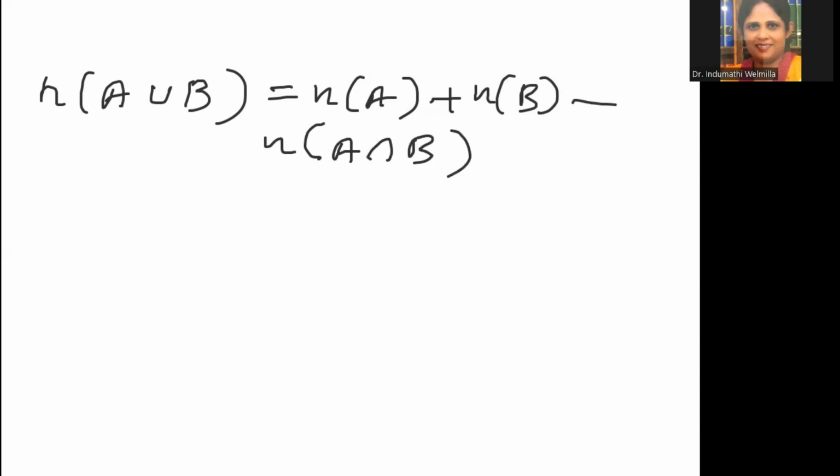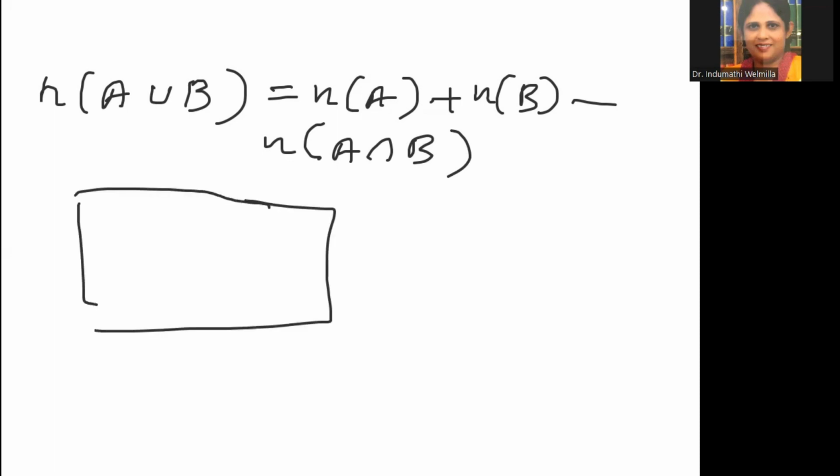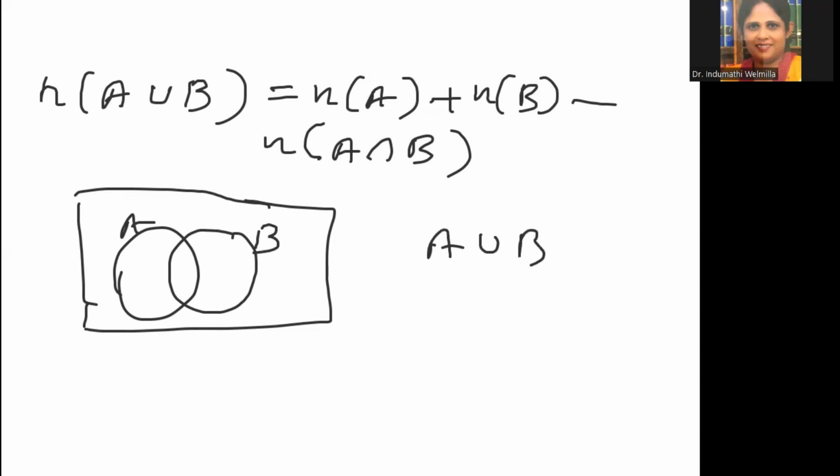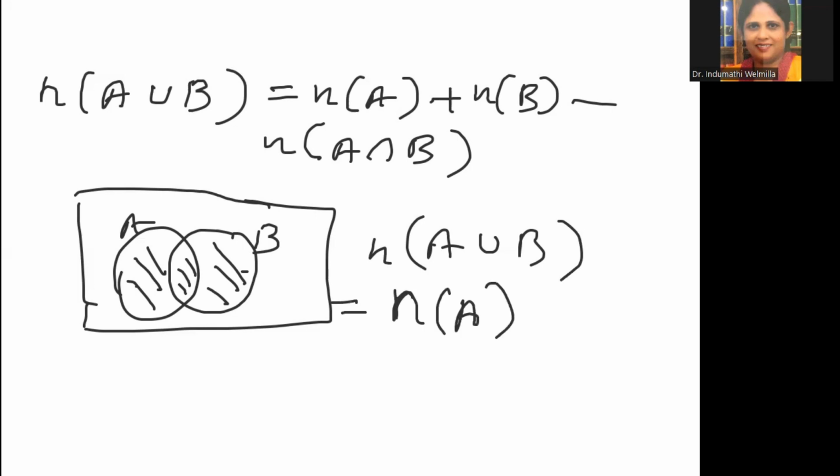That's how it becomes. So when we use the Venn diagram, you can see this is set A and this is set B. Okay? Then A union B is equal to this part, this part, and the intersection part. So when we add n(A), that means this whole part.